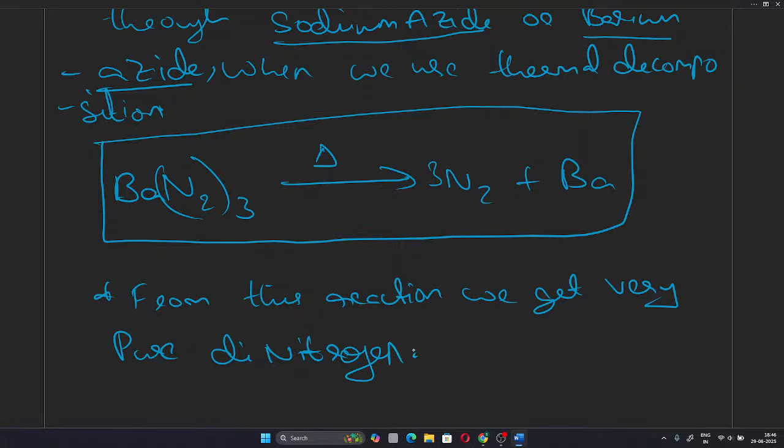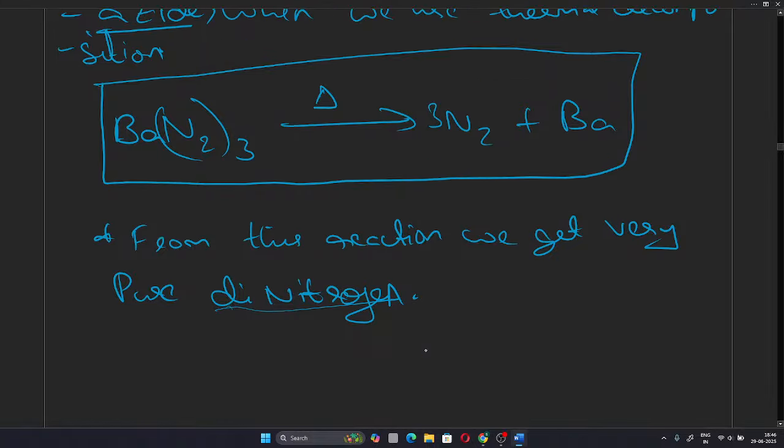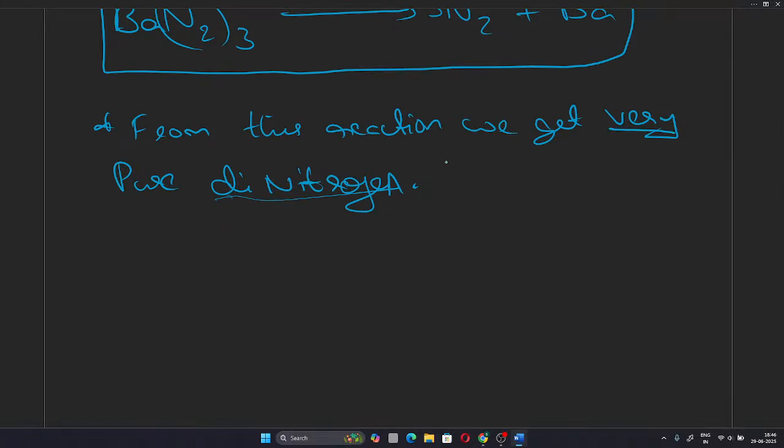Maybe they're repeating dinitrogen again so that we don't get confused. Very pure dinitrogen. These are the preparation methods.